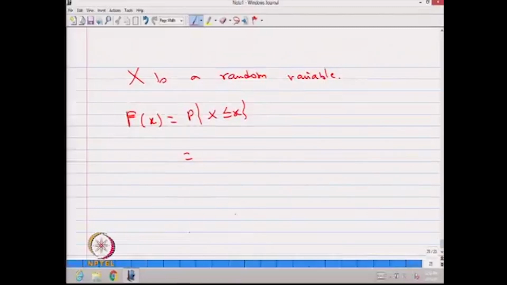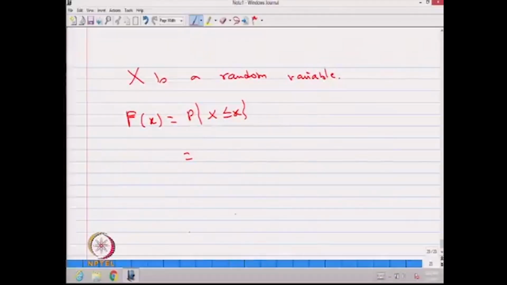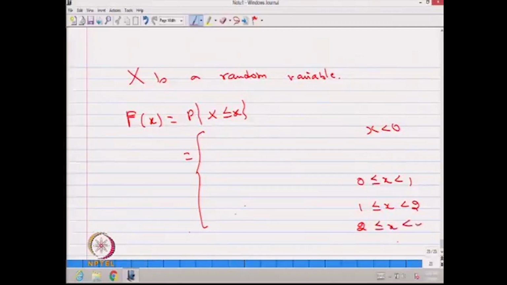Since here X is the number of heads obtained and the possible values of heads are 0, 1 and 2, we are going to define F of x for x less than 0, then 0 to 1, then 1 to 2, then 2 to infinity.